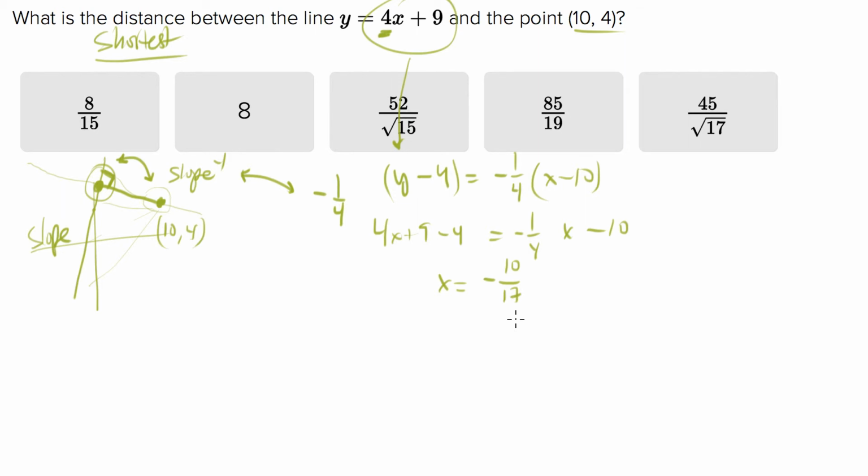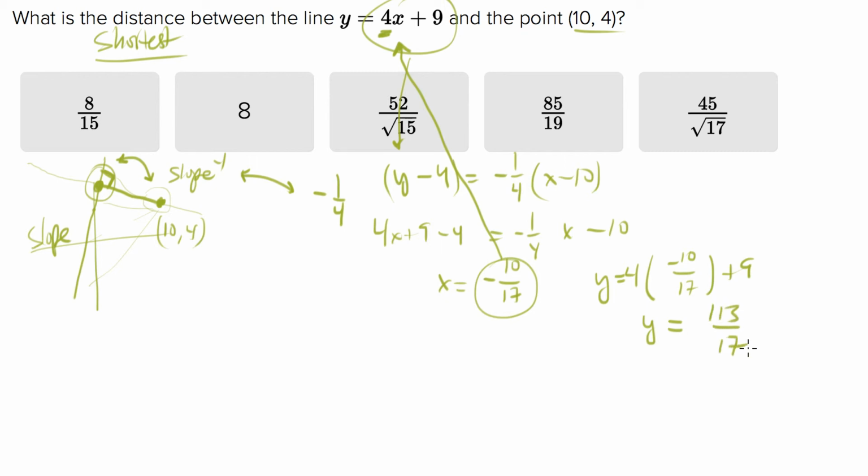Now you need to plug that back in to get the y-coordinate back out. So you get y equals 4 times negative 10/17 plus 9. So y must equal 113/17.